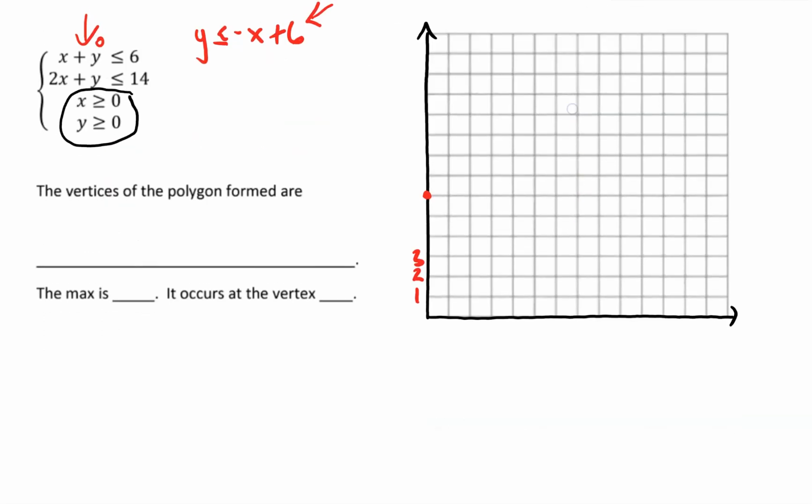X is also 6, so I would go across the bottom here. I'm also making this 1, 2, 3, 4, 5, 6, that would be right here. You have your two points. Use something straight and draw your line. I'm going to do as best I can here because I don't really have something completely straight, but this will work. Okay. That's the first one, and it's saying less than that.